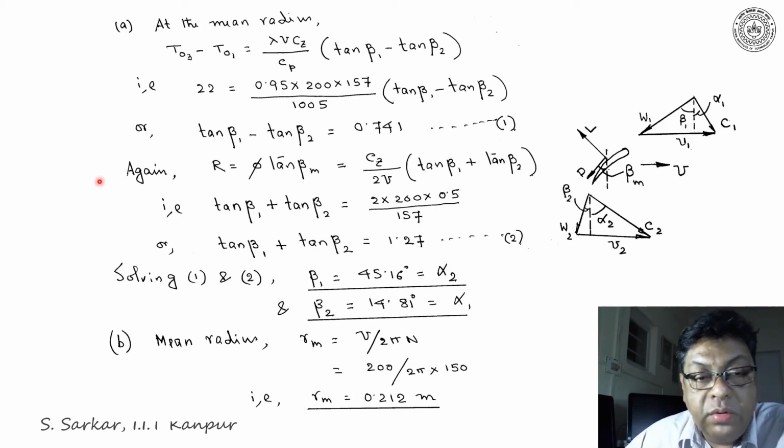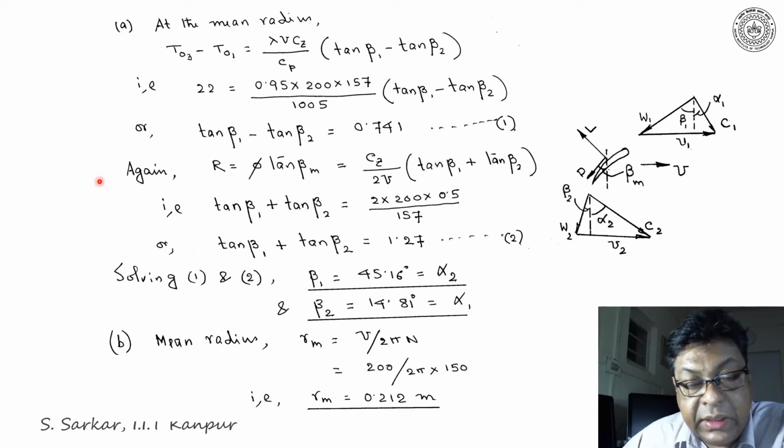Again, I know degree of reaction R is equal to phi into tan beta m, that is equal to Cz divided by twice U into tan beta 1 plus tan beta 2.